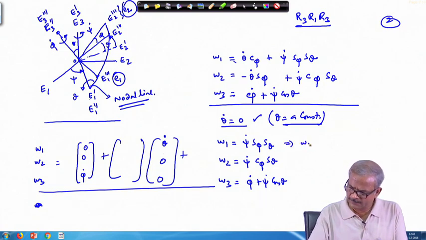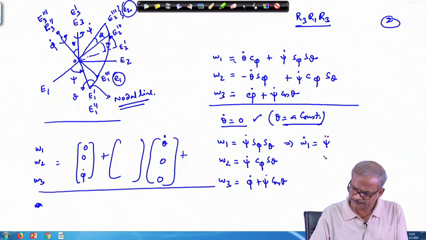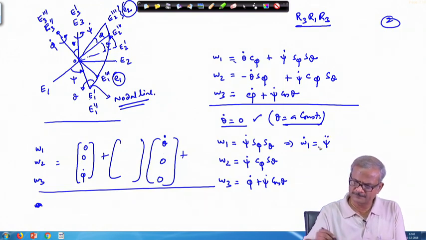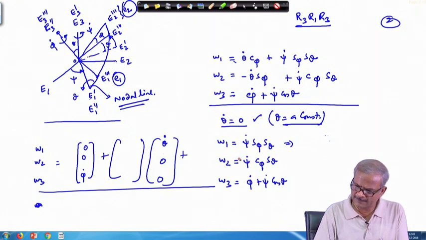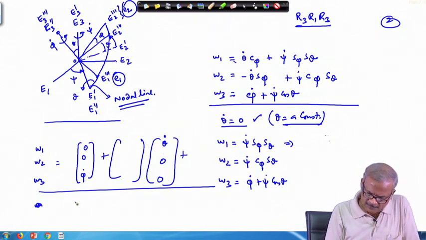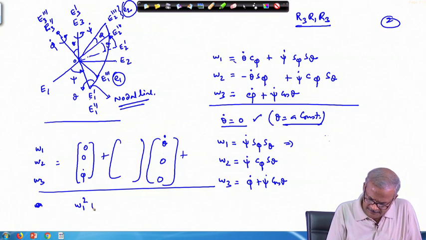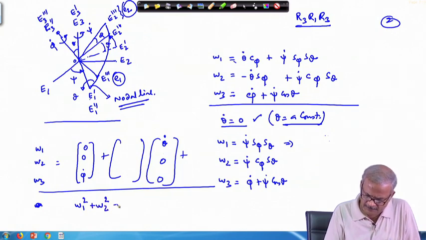So, this implies omega 1 dot, differentiate it once, will be psi double dot. Before this we do one more step, so as not to complicate this whole equation. Once we have got this, go back to the equation omega 1 square plus omega 2 square.